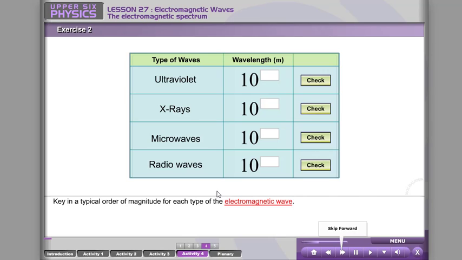Key in a typical order of magnitude for each type of the electromagnetic wave.